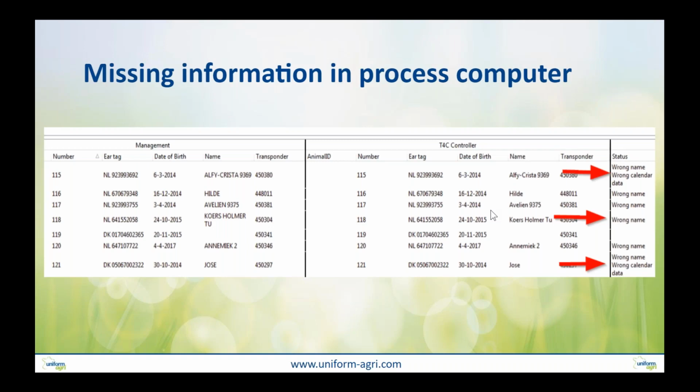Or when they are milking, they are missing the information in the milking parlor. So there can be different places to look for missing information, and in case of an integration, we will look over here. We will put our management to the left and the controller, the process computer, to the right, and see what information has not been sent, for example.